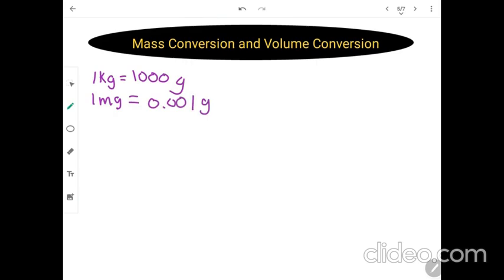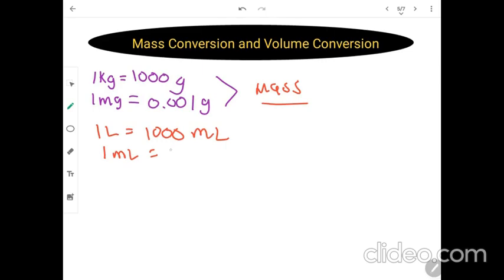Okay, this is for your mass conversion. Ito lang yung need nating i-consider sa lesson ng gas law. And for our volume, ito lang i-consider natin. For volume, let's have 1 liter is equal to 1,000 ml, and 1 ml is equal to 1 cubic centimeter. Okay, this is for our volume conversion. So take note, for this mass conversion and volume conversion, gagamitin natin yung mga yan sa gas law.